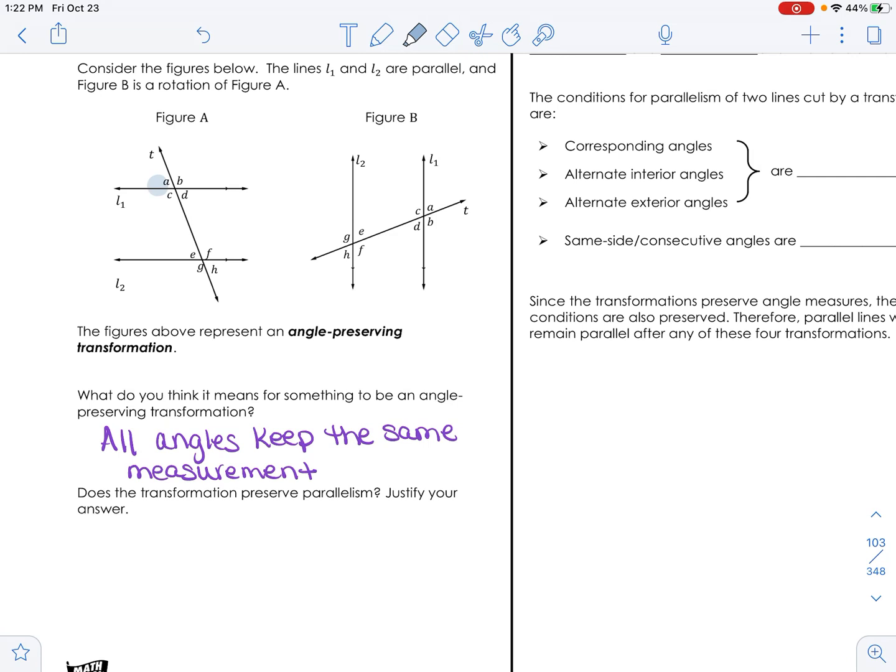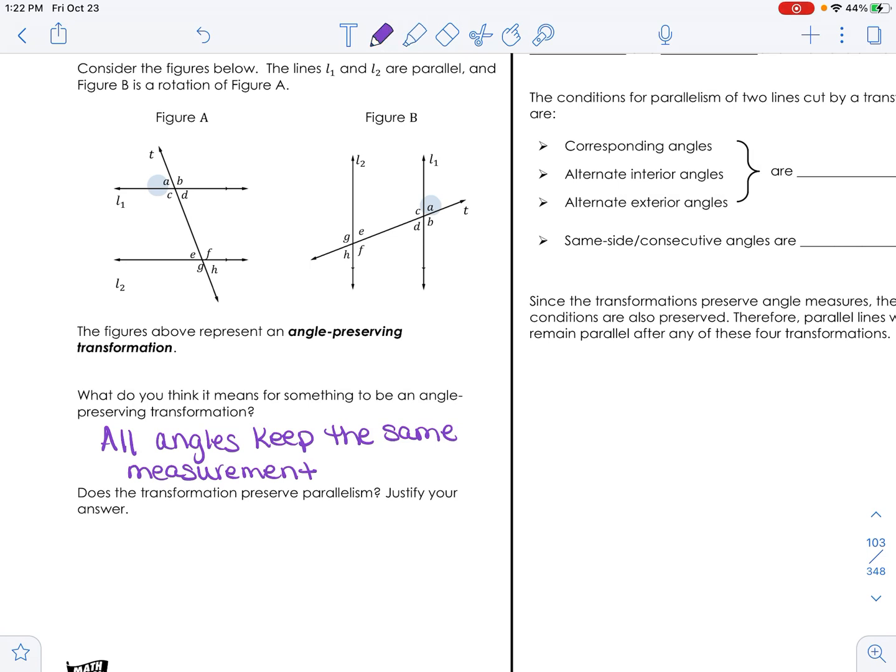So, for instance, if this were, let's guess, 75 degrees, then this one over here, after the parallel lines have been rotated, is still the same 75 degrees. So that's what that means. You can rotate it around, but the angles are going to stay the same measurement.